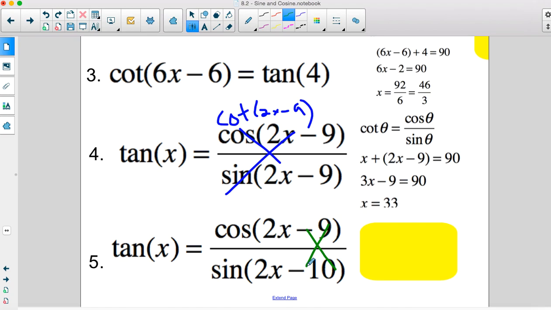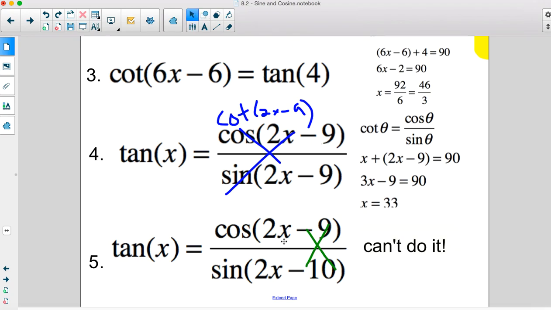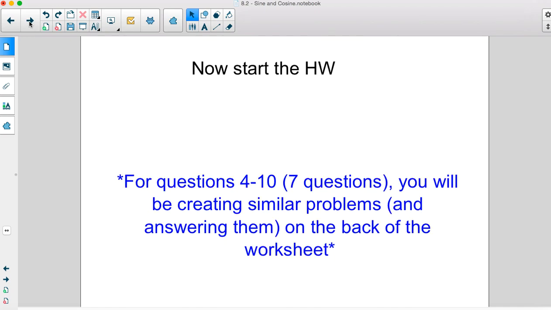You'd have to know each one's value and then go from there. So this one is a do not bother even trying. It would only simplify to cotangent if these two angles were the same. It just wouldn't work.